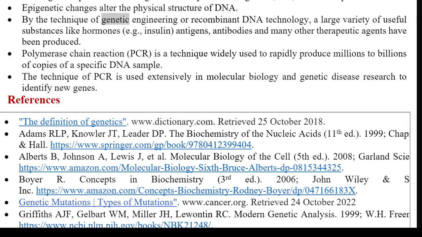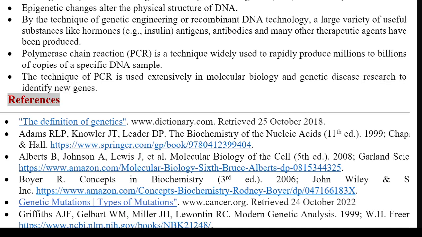By the technique of genetic engineering or recombinant DNA technology, a large variety of useful substances like hormones, for example insulin, antigens, antibodies, and many other therapeutic agents have been produced. Polymerase chain reaction, PCR, is a technique widely used to rapidly produce millions to billions of copies of a specific DNA sample. The technique of PCR is used extensively in molecular biology and genetic disease research to identify new genes.